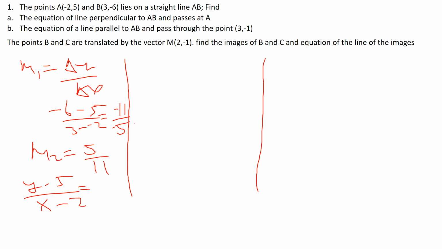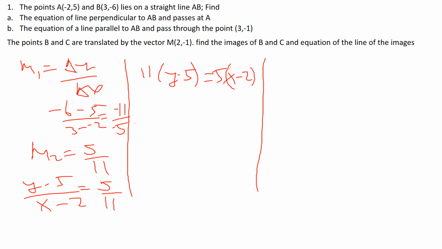This one should give us 5 out of 11. So we can cross multiply that. Of course, we have 11 times y minus 5, and this one is given by 5 times x minus 2.